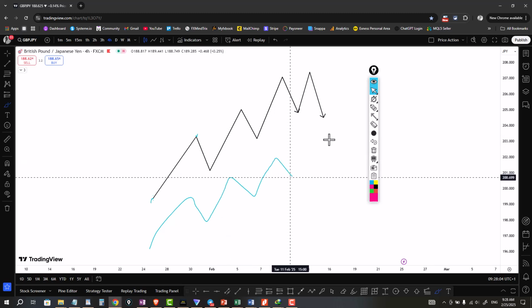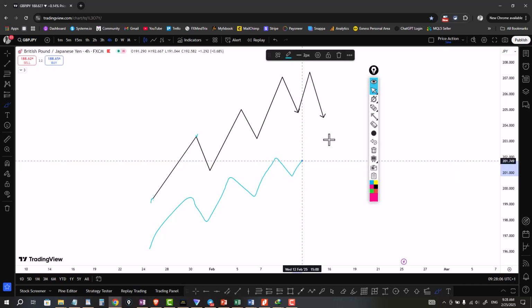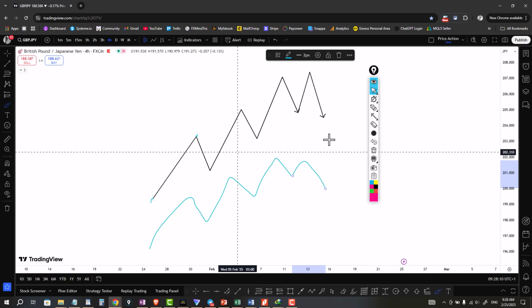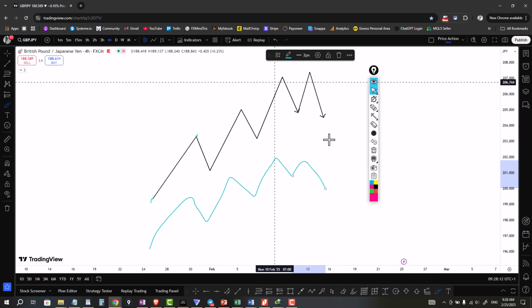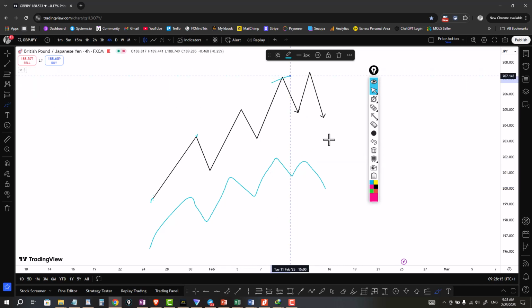So because of this, this is going to be drawn as a lower high on the oscillator's window, and this is when we'll see a phenomenon known as regular divergence being drawn on the chart.